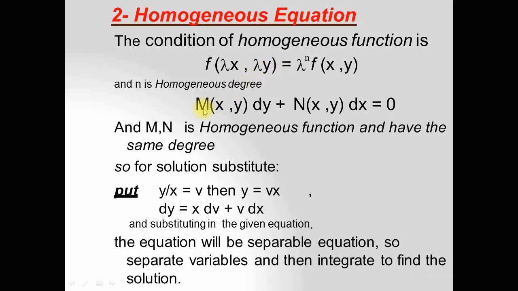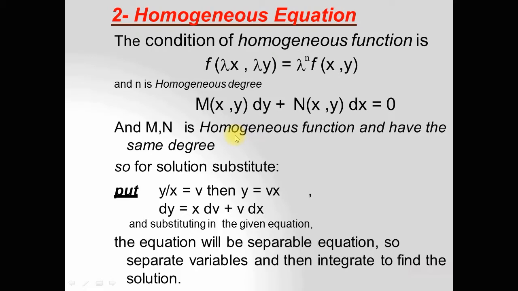Now for a differential equation of the form M dy plus N dx is equal to 0, this differential equation will be homogeneous if M and N are homogeneous functions and have the same degree.